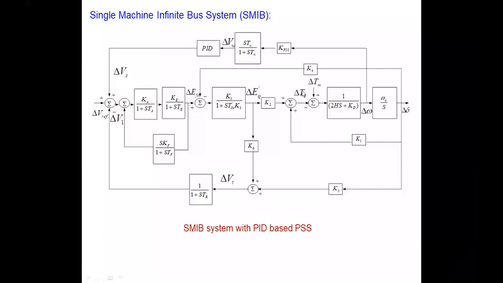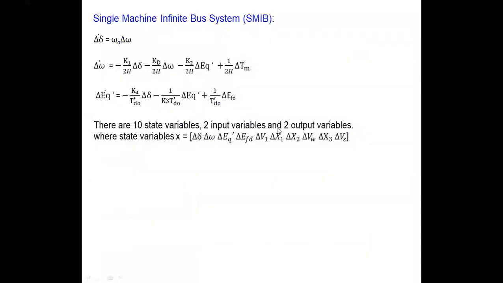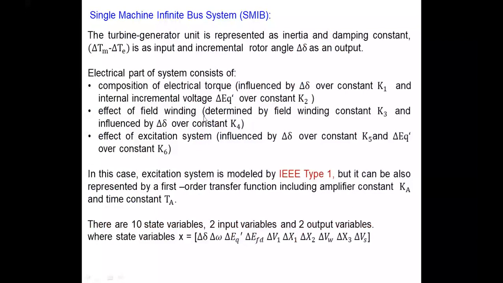Then we have the effect of field winding, which is determined by the constant k3, and it is influenced by delta over constant k4. So if you go back, this is your del eq prime. So in fact this one, you have k4 times del delta, del EFD, and then this field circuit part here. So this is the second part. As I said, the field winding constants k3 and k4.